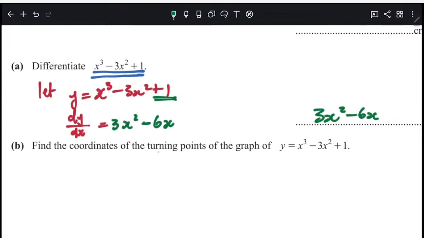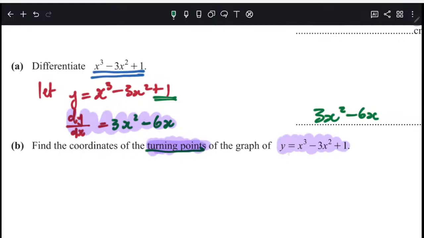Now here they say the word turning point. Once you see the word turning point or stationary point, you know what to do. You find dy dx and you make it 0. It's the same thing.